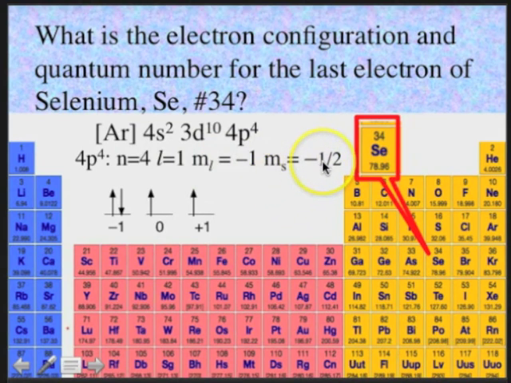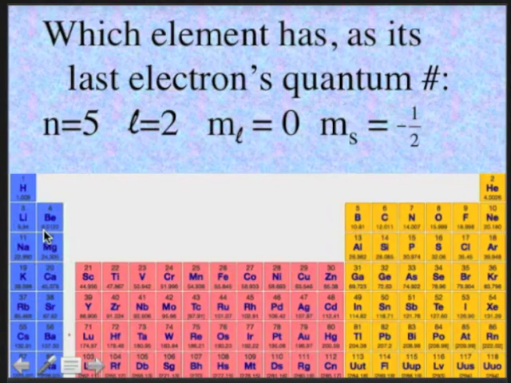What element has, as its last electron's quantum numbers, n equals 5, l equals 2, m sub l equals 0, and m sub s equals -1/2? The first thing we have to do is to realize this is a d orbital because l equals 2.